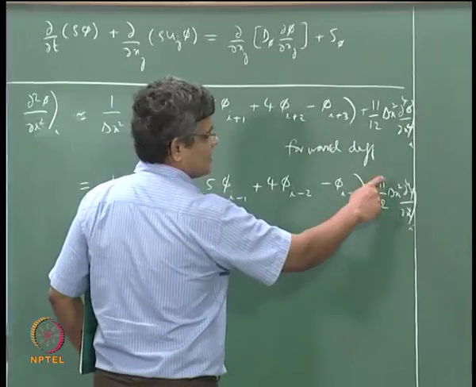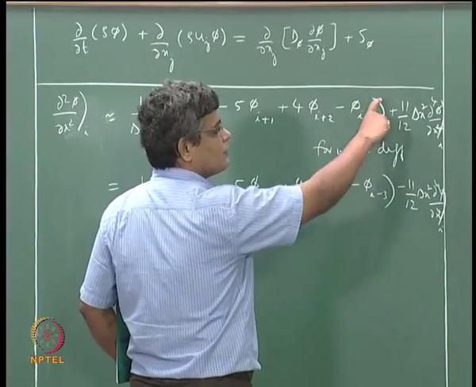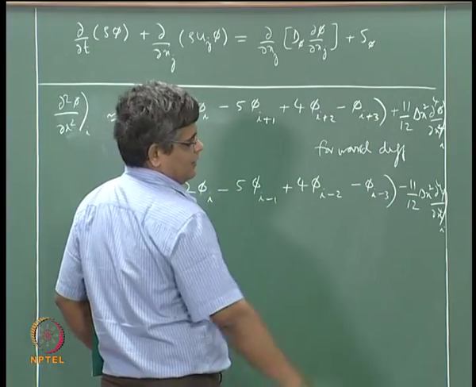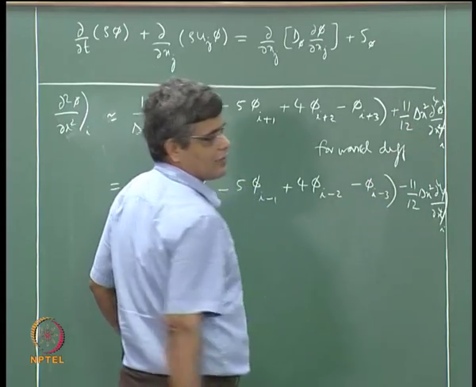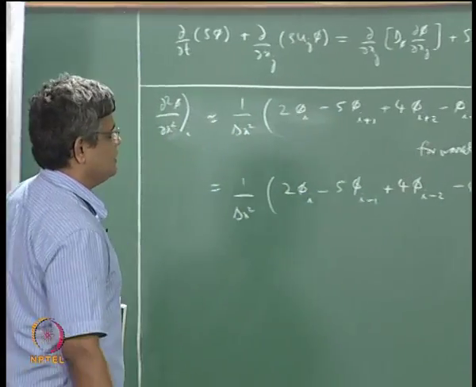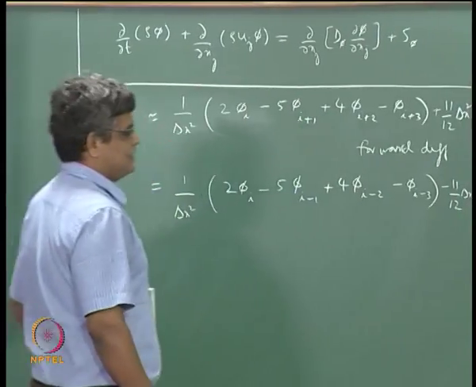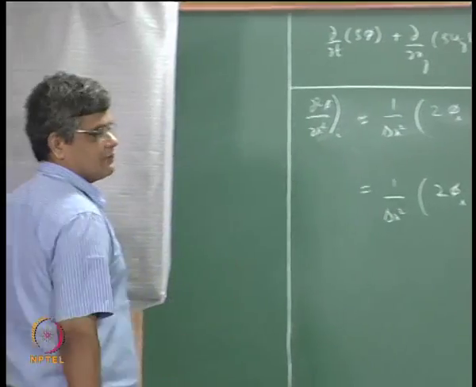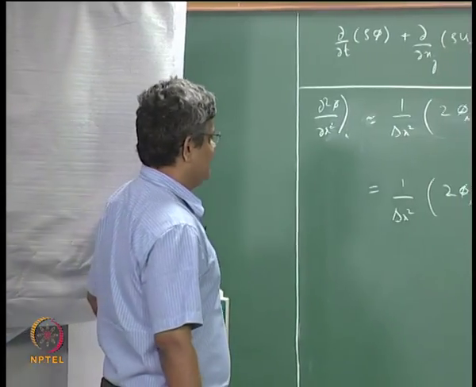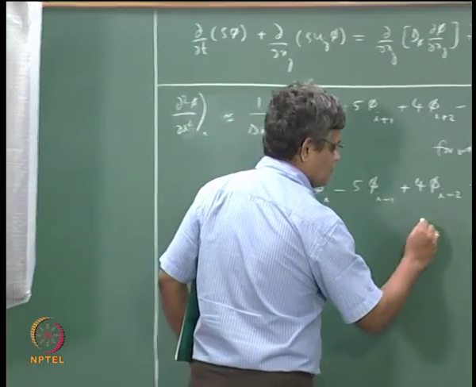This does not make this scheme any more accurate than this scheme, because both are nominally second order accurate, and we expect that the contribution of this term will be small when we have small delta x. So this is a backward differencing formula.